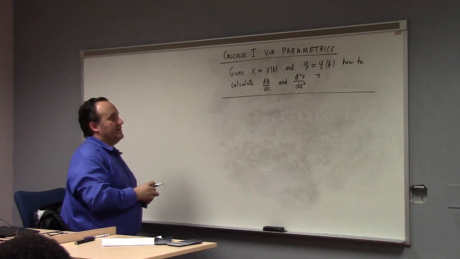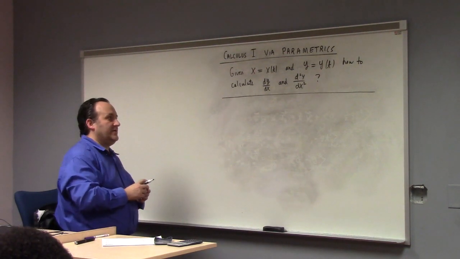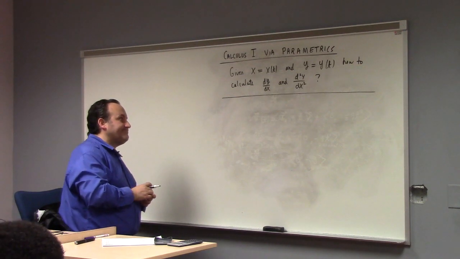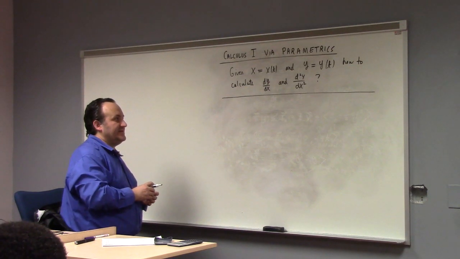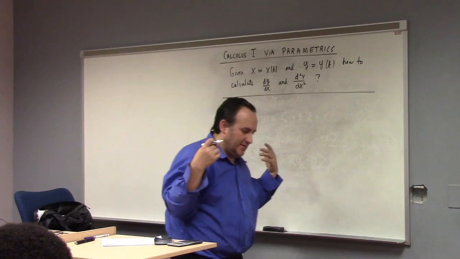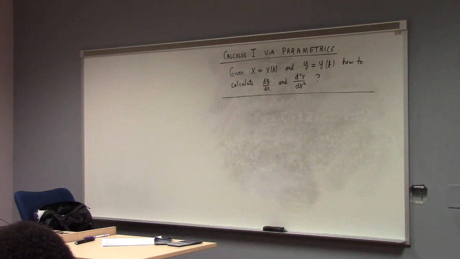Now, if you like, I could replace x of t and y of t with different letters. I prefer not to do that because then you're wondering what each letter means. I think it's better to just write x equals x of t, y equals y of t, even though the more purists in the mathematical community hate it.